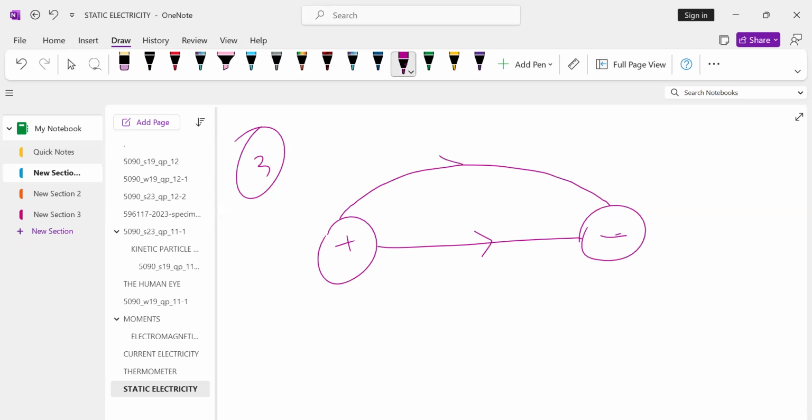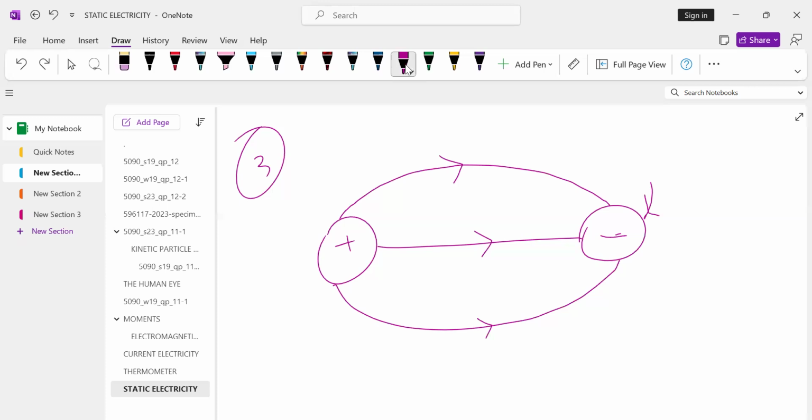So the direction would be like this, from positive to negative, from positive to negative. And here the electric field line would be coming inside the charge like this, because this is the negative charge.